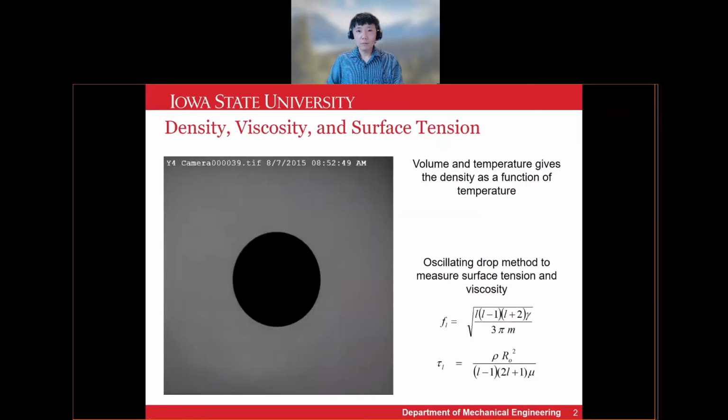Here is how we measure density, viscosity, and surface tension in a molten metal using ESL. Once we levitate a charged metal sample in an electric field formed by a pair of vertically aligned electrodes, we heat up and melt the sample by applying a heating laser.